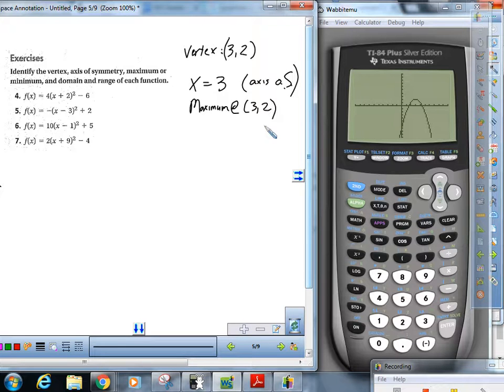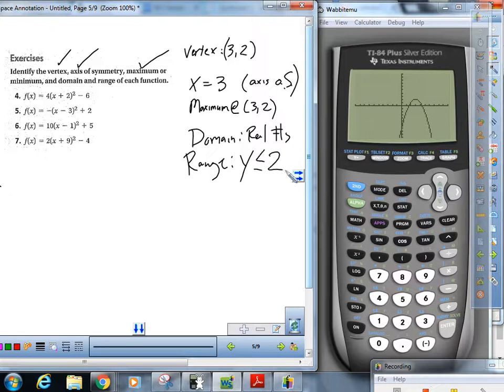So we got that done. Check, check, check. Domain is reals. And range, remember that's y's. The y's have to be less than that. That is 2. So y is less than or equal to 2. And that's how you'll do number 5. So now you'll just have to do number 7 and do it in a very similar fashion.